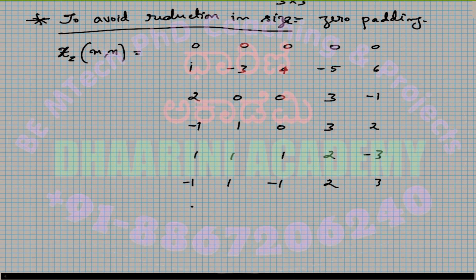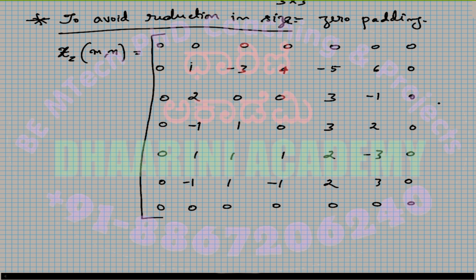You see, I actually padded one complete row of zeros, and I need to add a column as well. One row at the top, one after the bottom row, and one column to the left and one column to the right.